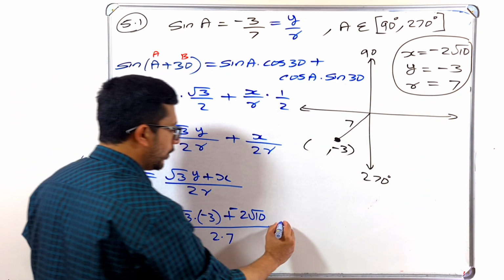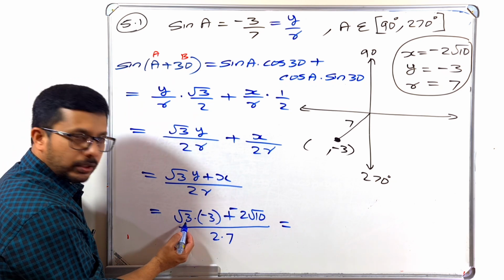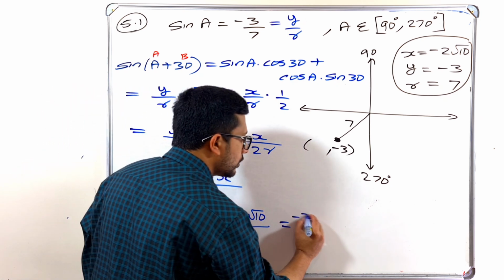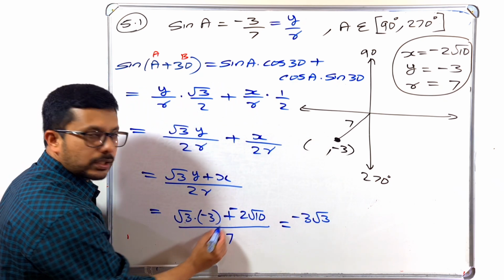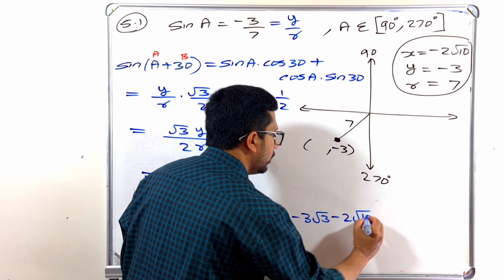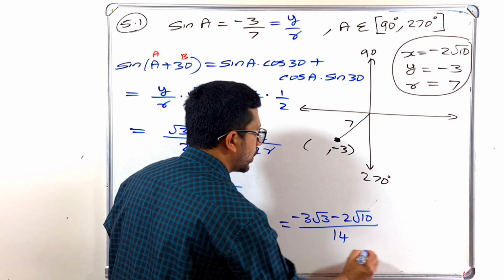So we have to simplify this. It is minus 3 root 3, minus into 3 into root 3. Then plus into minus is minus, so minus 2 root 10 divided by 2 into 7, which is 14.